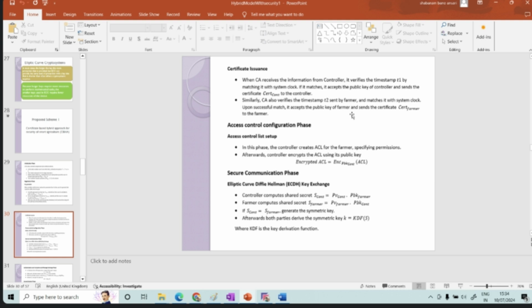Integrity means no one can modify. If anyone makes a modification to the encrypted data, it will be like garbage, because without understanding, if they are manipulating the actual access control list, they can achieve some goal.